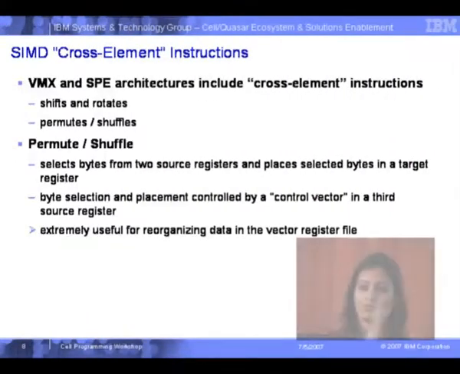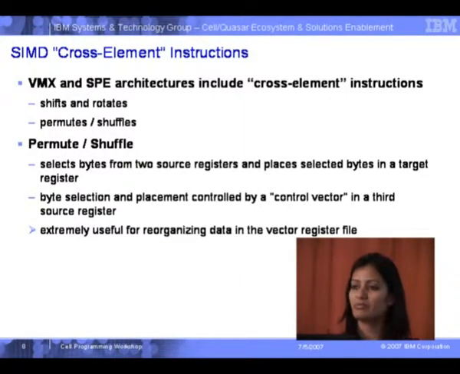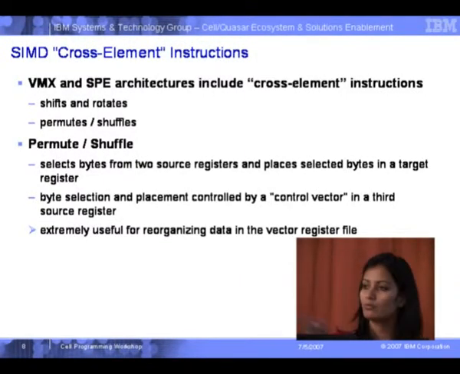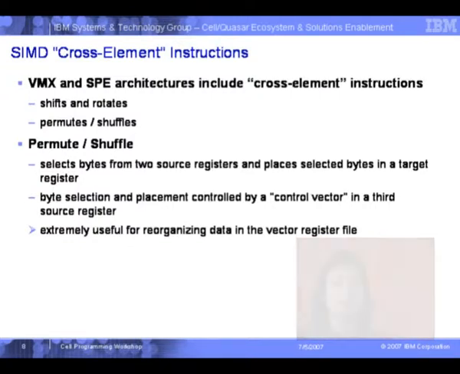You can do a rotate or shift to move a byte of information to another slot. You can move 4 bytes at a time to another slot. You can give indexes and say, I want this data to be residing right here. It's particularly important in a lot of image processing and gaming applications, where you want to pack and unpack values. You have RGB values.